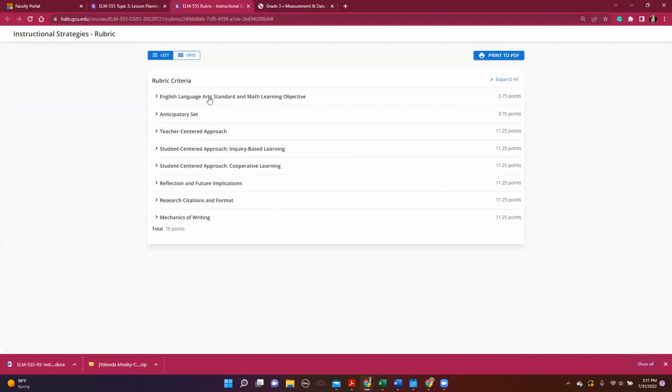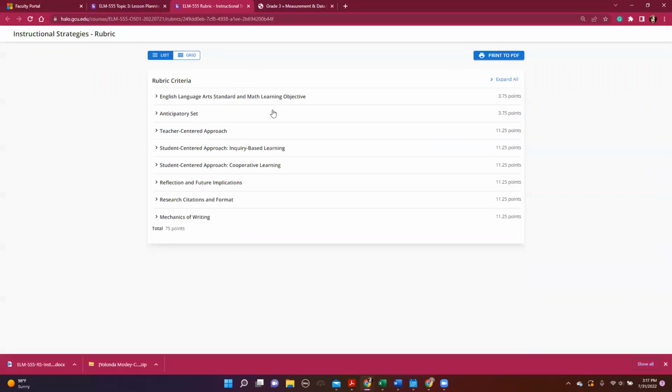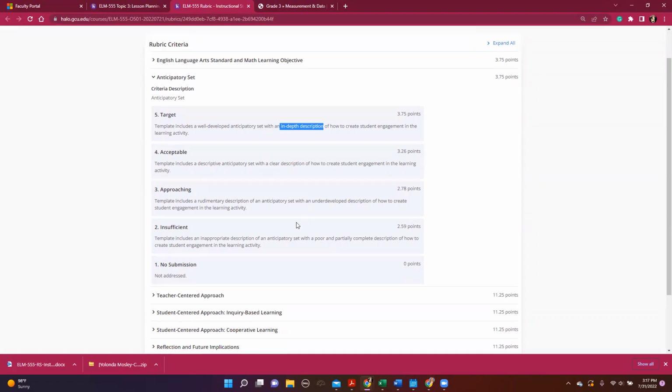All right, so we're going to look at, do you have a properly aligned objective? That is the first one, and then your anticipatory set. Is it an in-depth description? Not just a little clear description like we have here, but the more detail you give, the closer you'll be to receiving target.